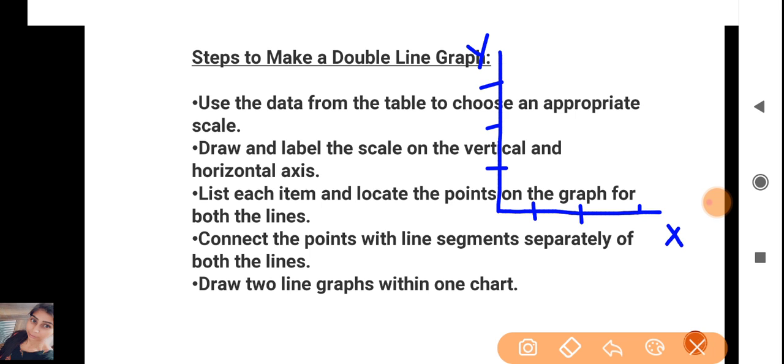Then according to x you need to draw, according to y or the second variable you need to draw. And for these two you can use different styles, like if you are using your pencil, for one you can use a straight line, for the other you can draw a dotted line, or you can use two different colors, so that you can easily recognize which one is for the first variable and which one is for the second variable.